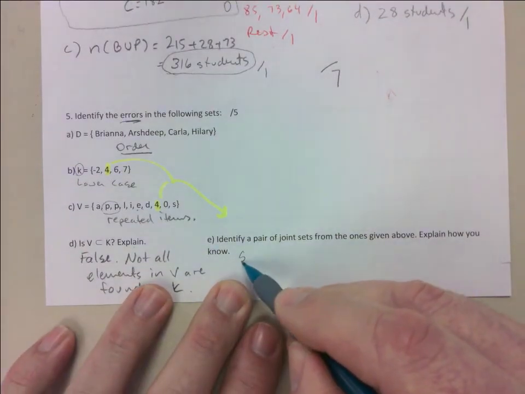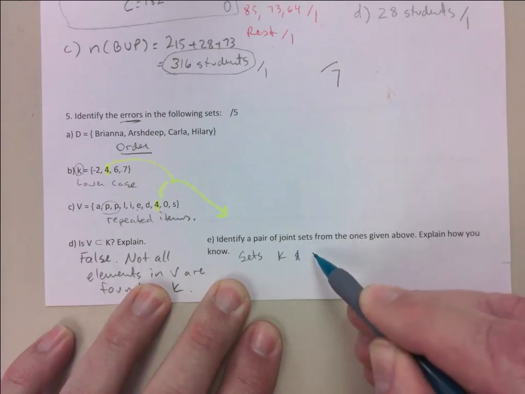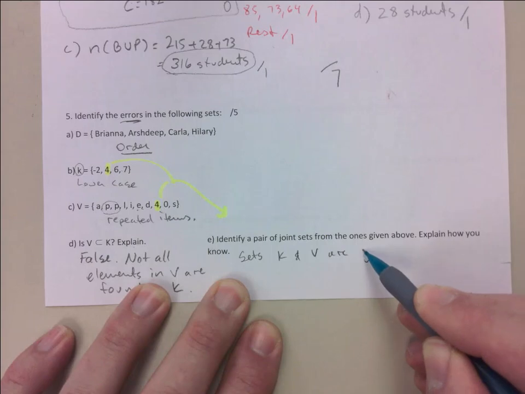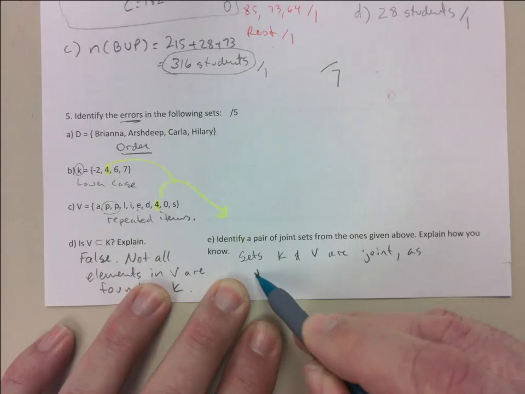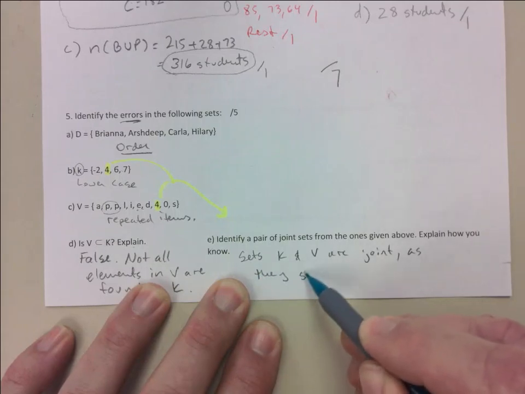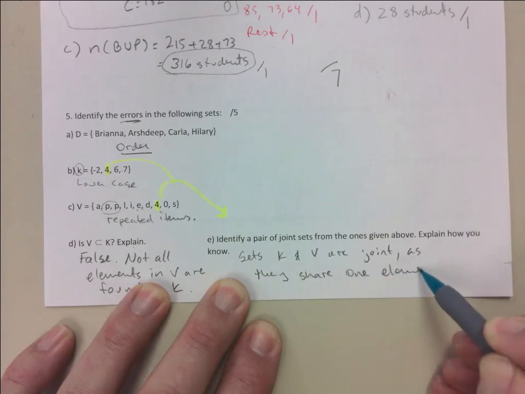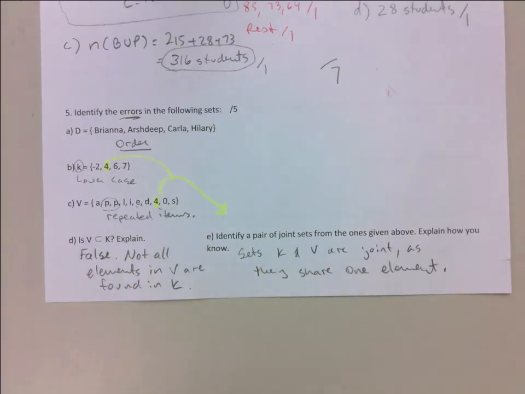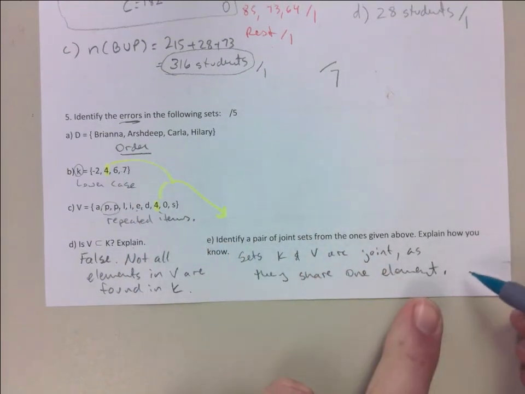Okay, so set K and V are joined as they share one element. They have one element in common, they share an element, anything like that would do the trick, okay? So we've got 1, 2, 3, 4, 5 marks for that.